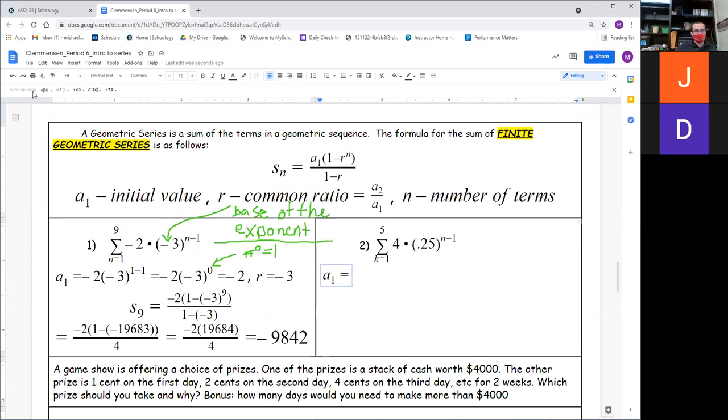Just tell me what I should plug in, what should I do? How do I get my A1?